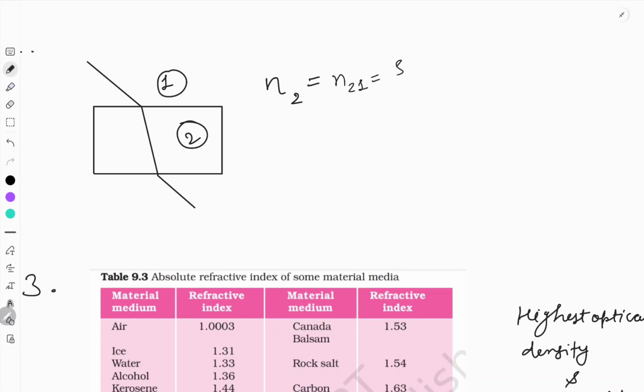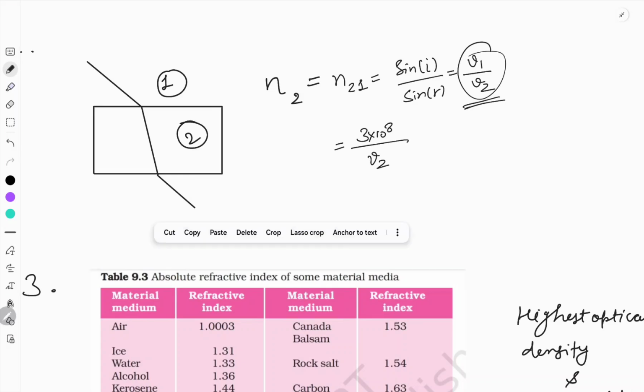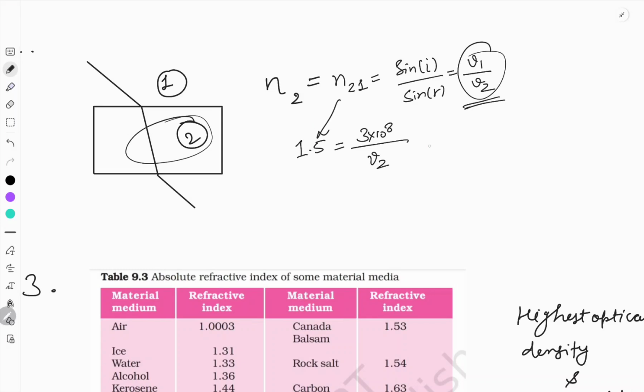So we can write sin i by sin r, or we can write v1 by v2. The question says that in vacuum our speed is this much, and we have to find v2, that is the speed in glass, and the refractive index given is 1.5. So you can calculate it and tell me the answer in the comments, right?